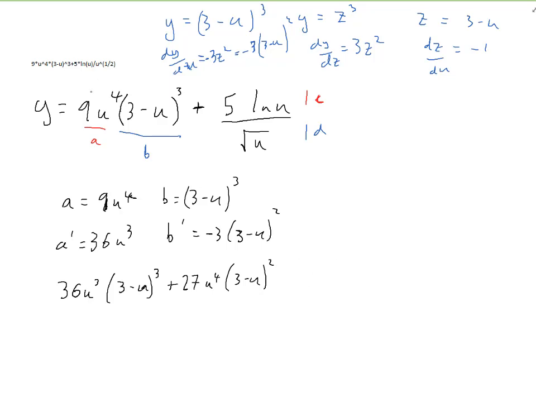So that's this part differentiated using the product rule, this times this. So it's this times this, 36 times 3 minus u cubed, and this times this is that part.